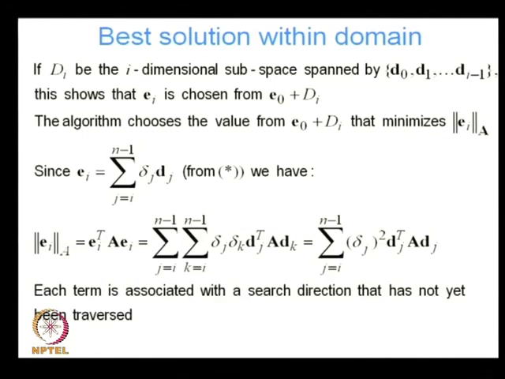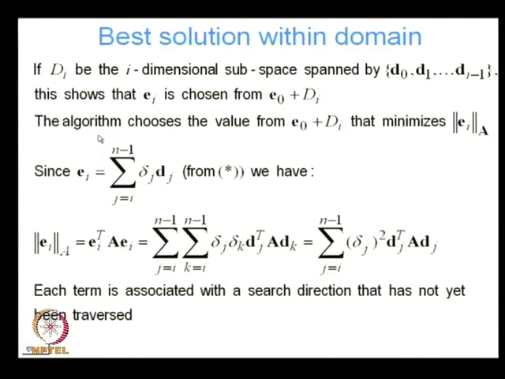So, basically we can write e_i equal to sigma j equal to i to n minus 1 delta_j d_j, which we have already seen. Then I calculate the norm of this error with respect to the A matrix. So, I evaluate this modified inner product, which is my new definition of a dot product, e_i transpose A e_i.